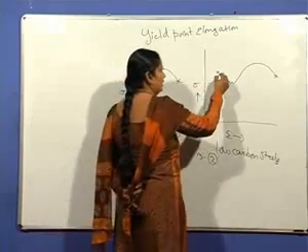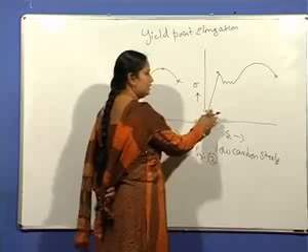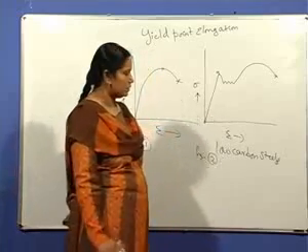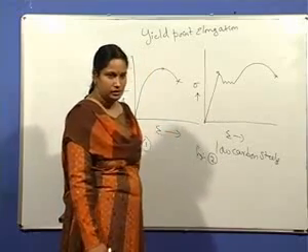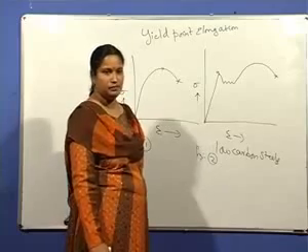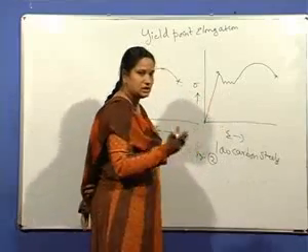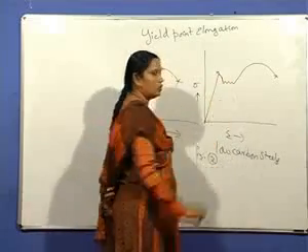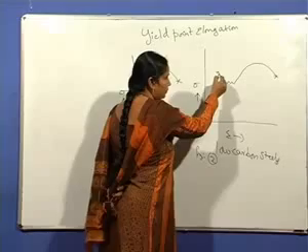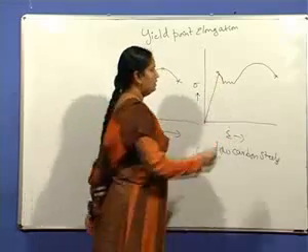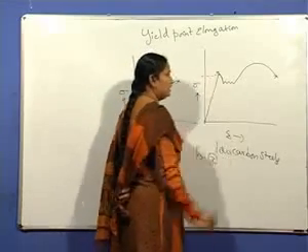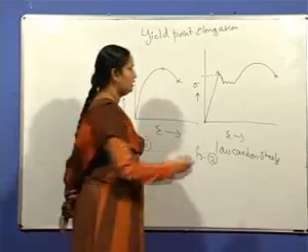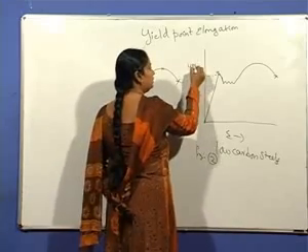At point A, this low carbon steel undergoes yielding suddenly. Yielding, plastic deformation suddenly, and the stress drops. You can see that there is a drop in stress at point A. This point A, where the material undergoes initial yielding, is known as the upper yield point.